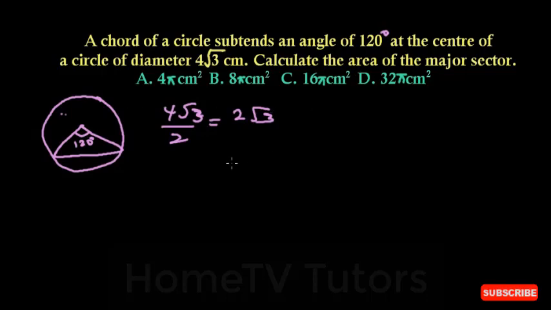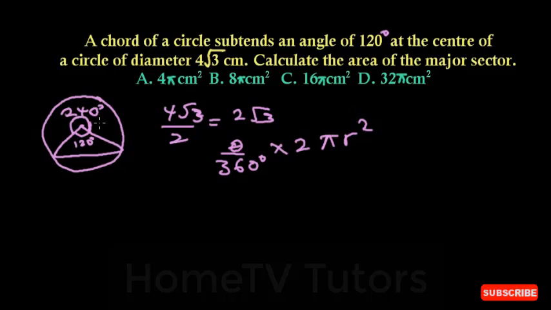So now the area of the major sector. The angle here will be 360 minus 120, which is 240 degrees. So the formula for finding the area of the major sector is theta over 360 degrees times pi r squared.